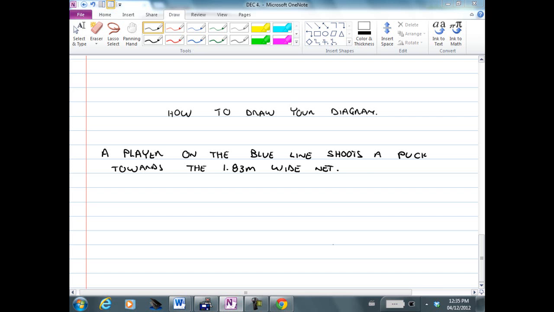He is 20 meters away from one goal post, and 21 meters away from the other post.